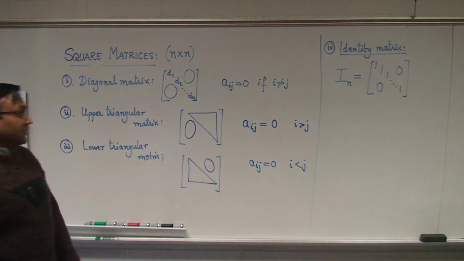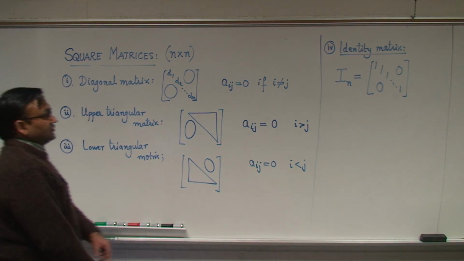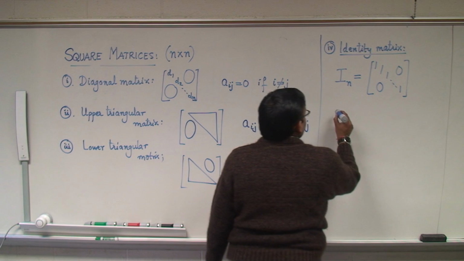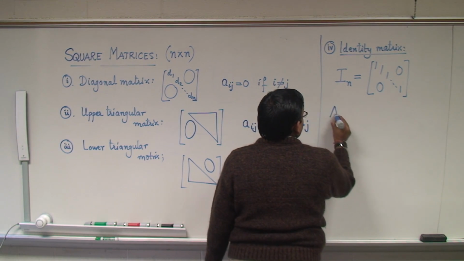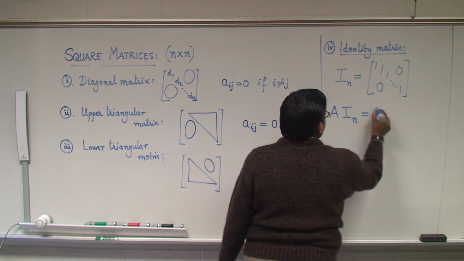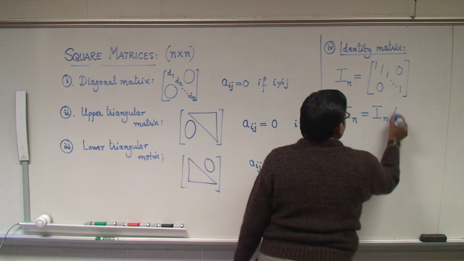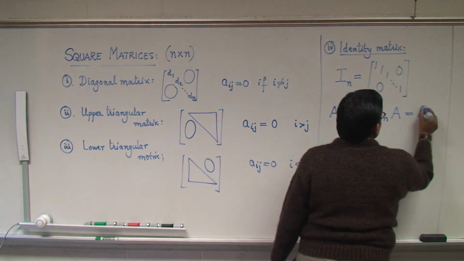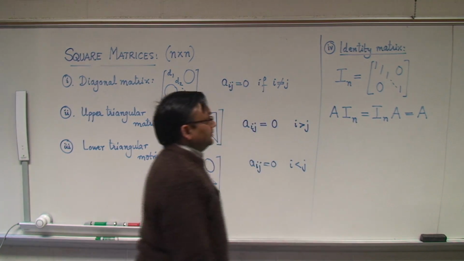So it's a diagonal matrix with ones as the diagonal entries. And the beauty of this matrix is, if I have any n by n matrix A and I multiply it by this identity matrix, it will give back my matrix A.